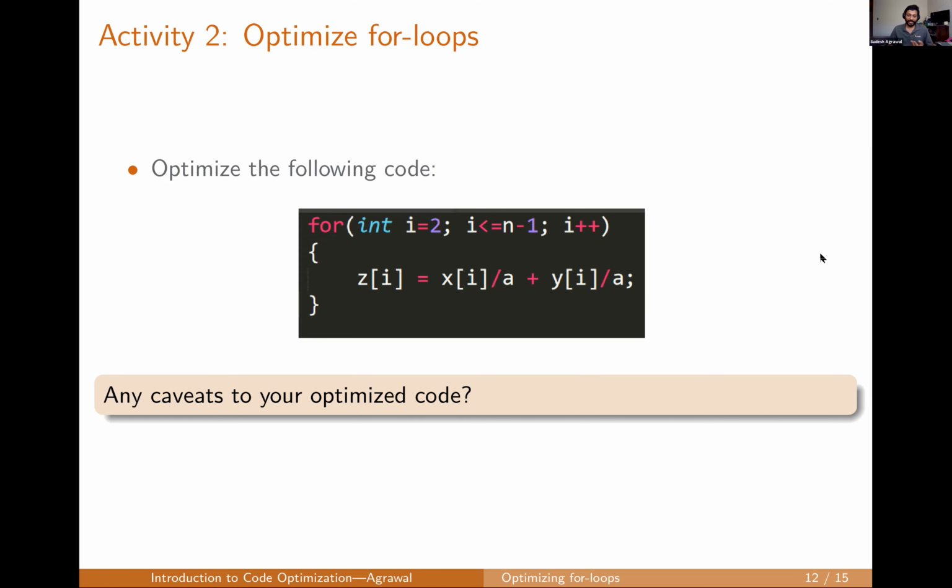So I had 2 things in mind. One Hassan already mentioned. What's the other thing? What is one expensive operation that's happening here?